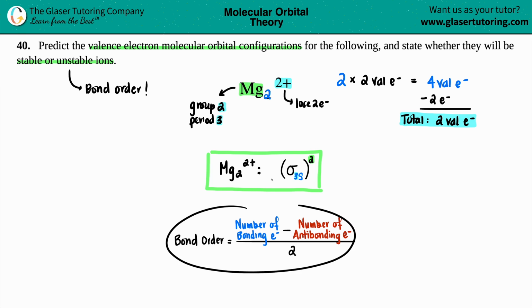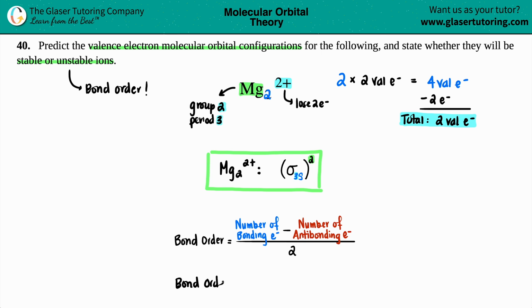And you can only do this if you know your valence electron molecular orbital configuration. So, let's go for it. Bond order equals, well, this one's pretty easy because you only have one molecular orbital. And since there is not a star here, remember the stars are the antibonding, this is technically bonding.